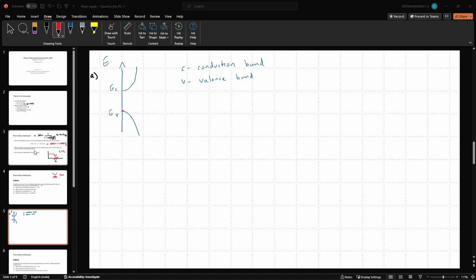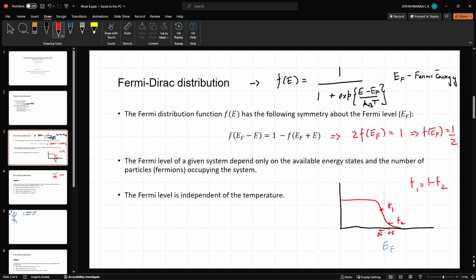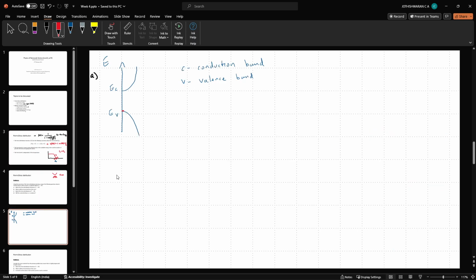To answer that question, we have to use the symmetry property. Essentially, whatever Fermi level we choose, our distribution function should be symmetric about it, which implies that whatever curve I draw here should have some symmetry about some point between EC and EV.